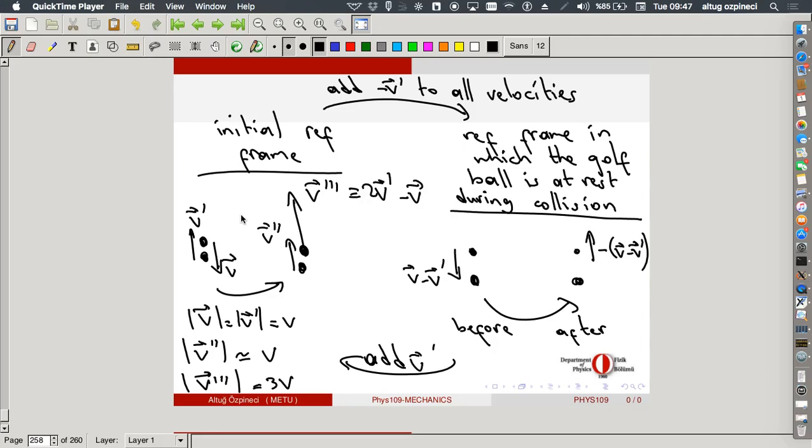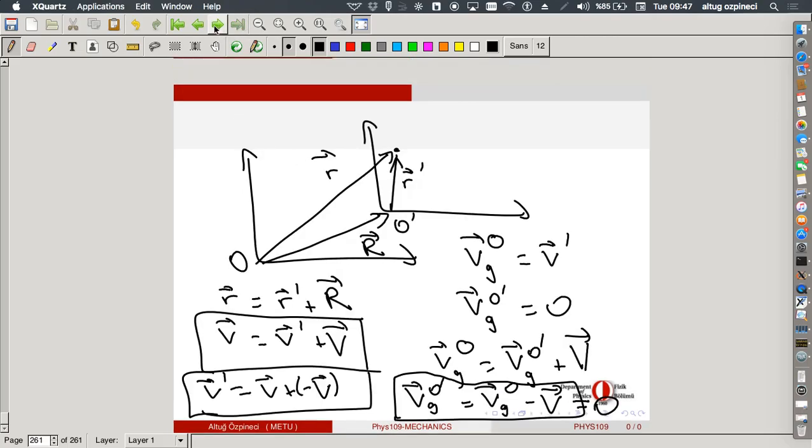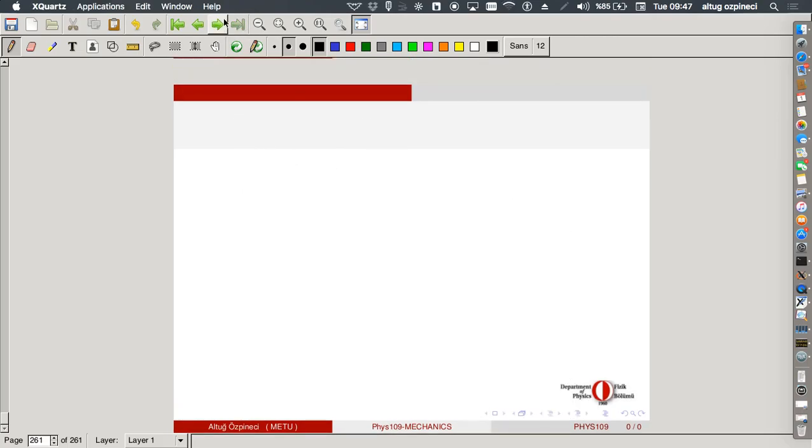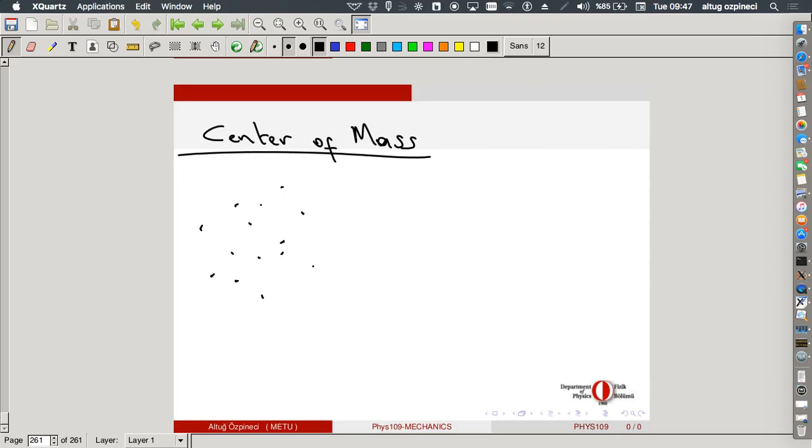Okay, now there was one topic which we passed quite fast: the center of mass. We already defined what we mean by the center of mass. Our definition was, if we have a bunch of objects, each with their positions r1, r2, r3, let's say this is r_i.